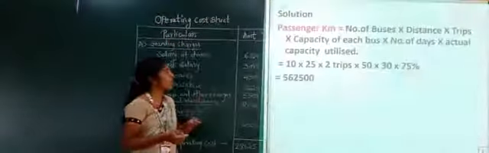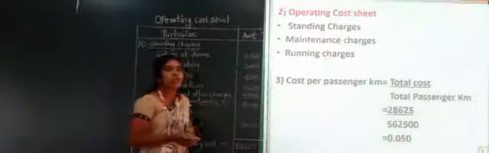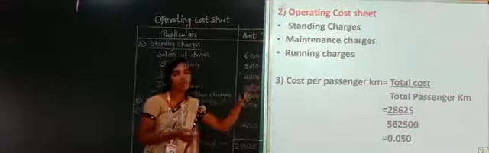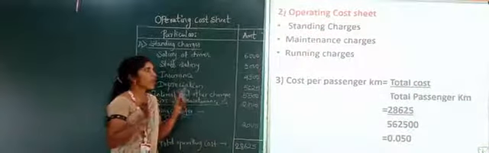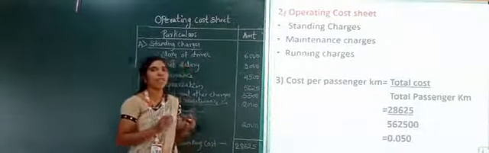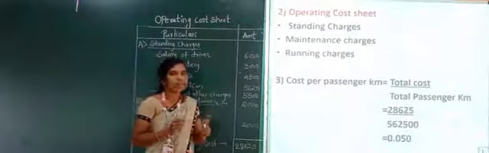After calculating the total operating cost, the third step is to calculate the cost per passenger kilometer. As I have already told, to calculate the cost per passenger kilometer we need two pieces of information: the total operating cost and the total passenger kilometer.